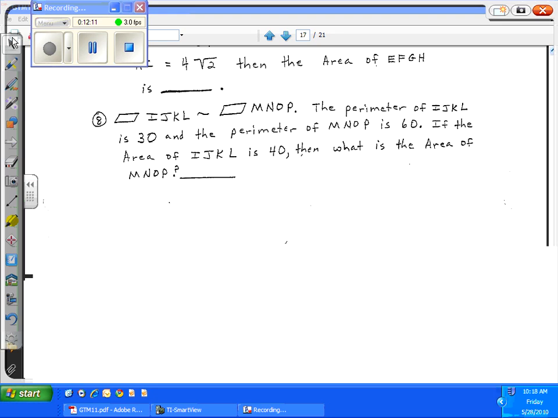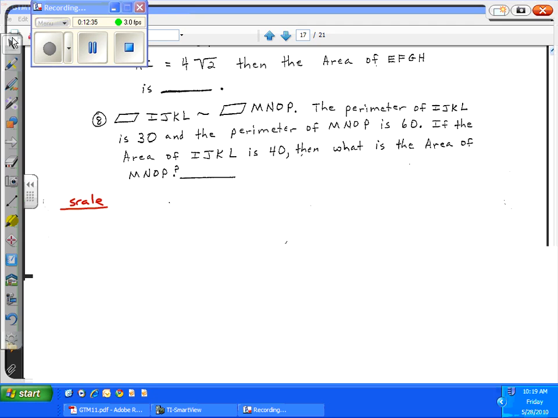The perimeter of IJKL is 30 and the perimeter of MNOP is 60. If the area of parallelogram IJKL is 40, then what is the area of MNOP?